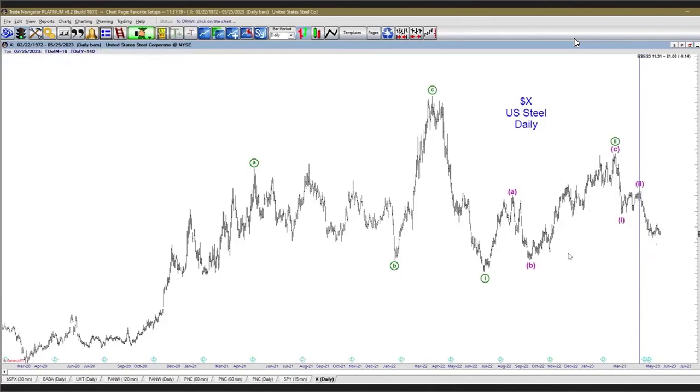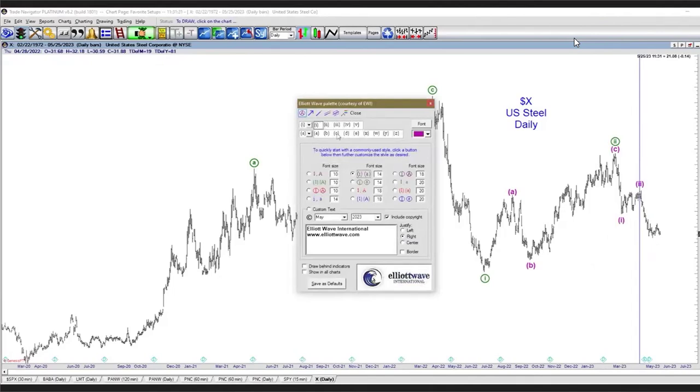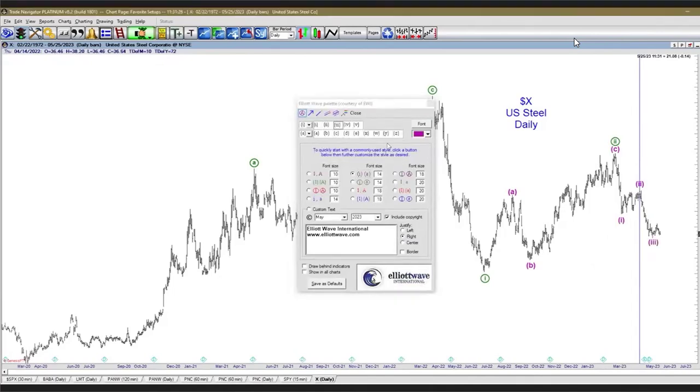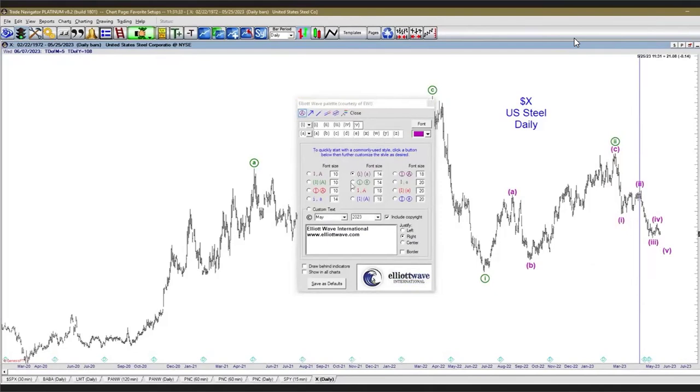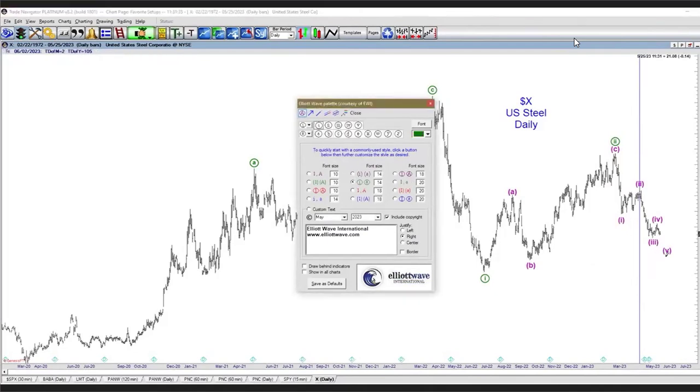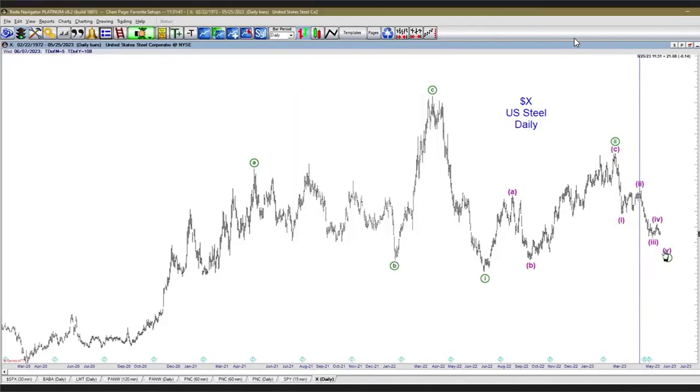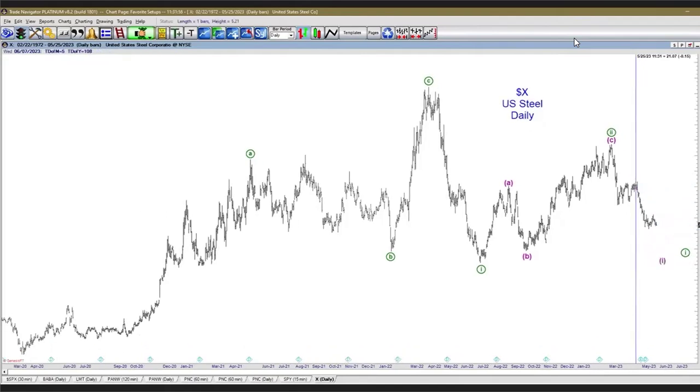And if I had to go ahead and label this, it looks like maybe a third wave down into there, and then that was probably a fourth wave. So I would look for a fifth wave down to come. Actually, I think I got the wrong degree here. So it would be 5 down, a smaller degree there, and then this would be wave 1 of 3.